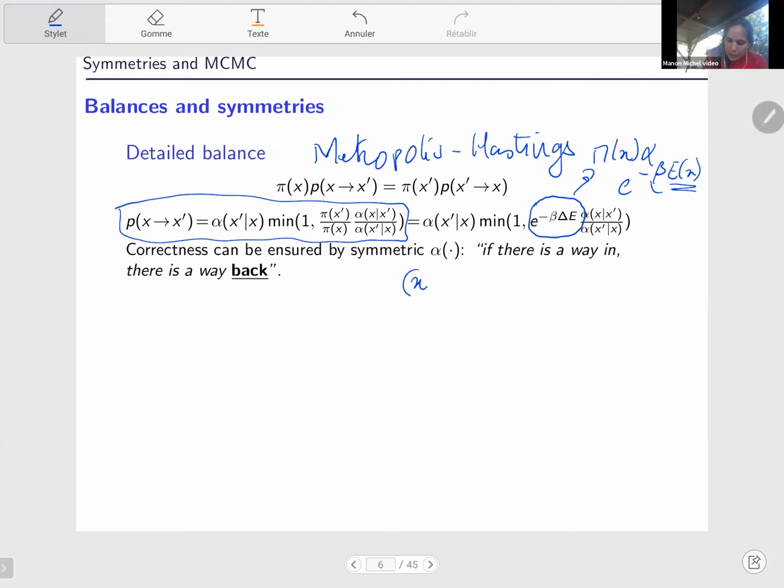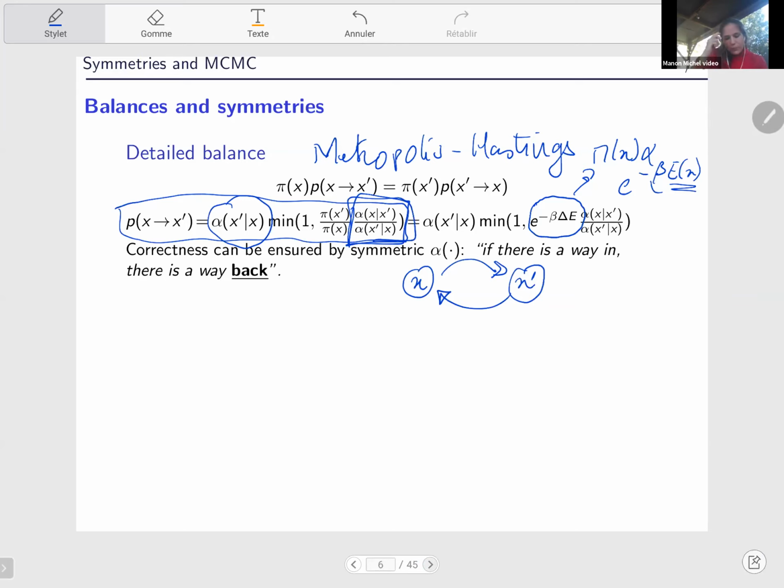So meaning that if you have your state X and your state X prime, if there is a way into the state X prime, then you have a way back to the state X. And this can be seen directly on the rates, where if you have symmetric proposal probabilities, which are this alpha over there, then if they are symmetric, you have the correctness with this rate.